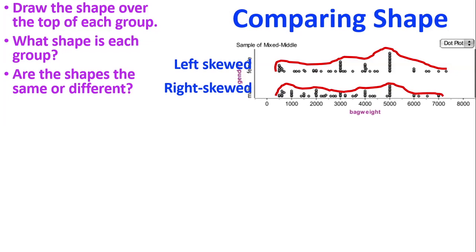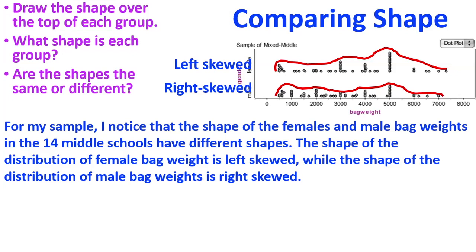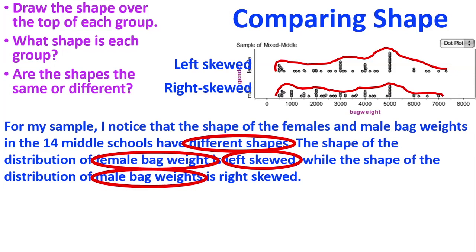So then I need to think, right, are those shapes the same? Are they different? And now I'm going to write up a sentence, and I'm going to say, for my sample, I've noticed that the males and female bag weights have different shapes. In particular, the shape of the distribution of female bag weights is left skewed, while the shape of the male bag weights distribution is right skewed.